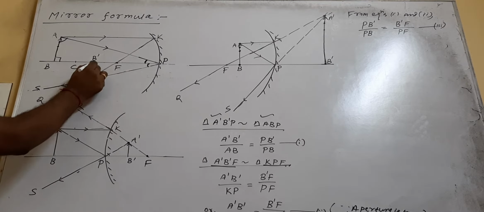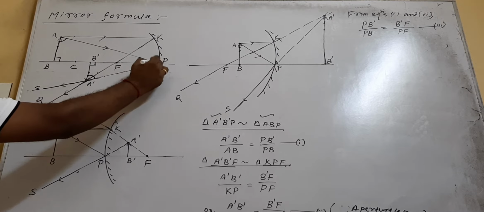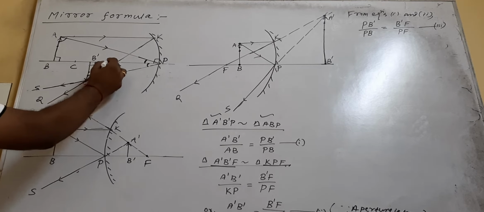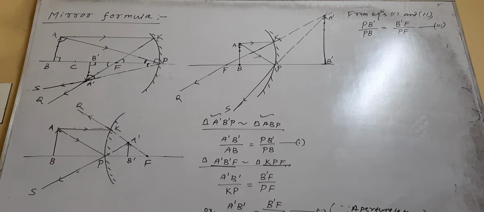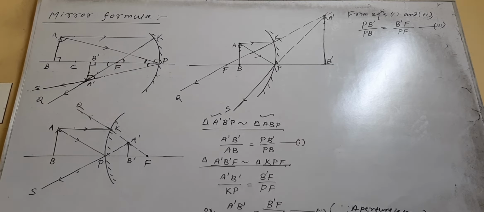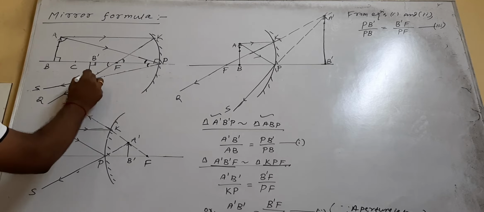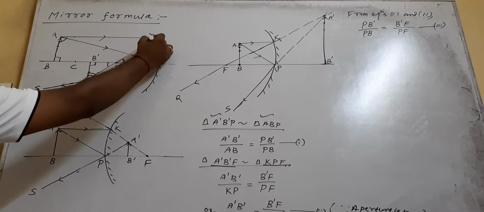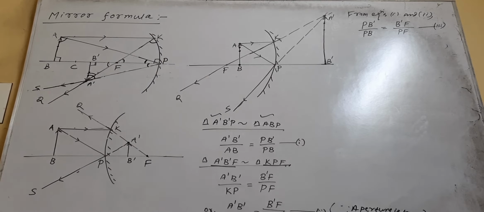It is perpendicular. It is also perpendicular. These two angles are opposite to each other. Means they are also equal. Definitely the third angle will be equal. That means these two triangles are similar. So the ratio of their corresponding sides are equal.